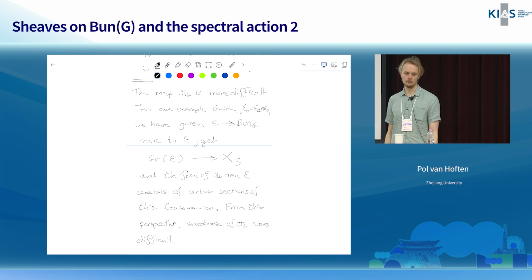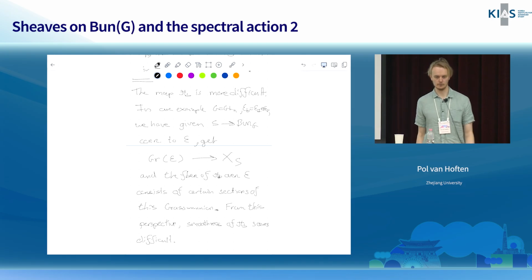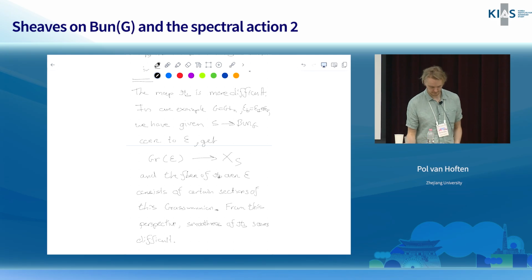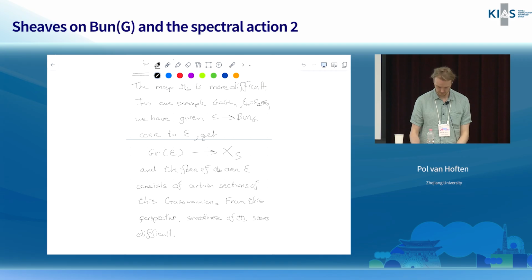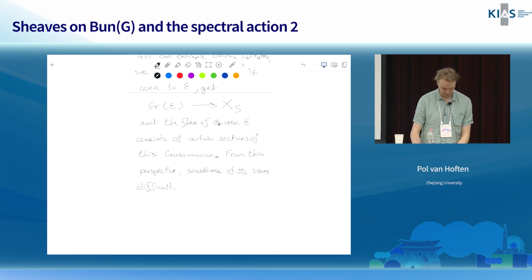Like this Grassmannian is smooth. That's suggestive, but it doesn't prove anything. And so this is where something called the Jacobian criterion for smoothness comes in. So let me first state this theorem.